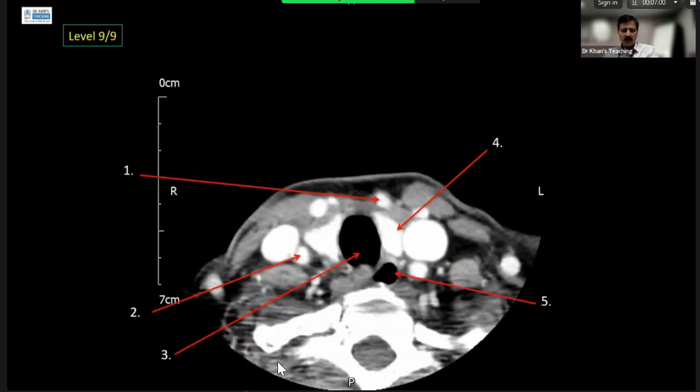So this is the final level. And where are we now? Number one, there is a vessel here, anteriorly placed vessel. It's a vein. What is this? Yes, anterior jugular. Okay, good. What is number two? Number two is a vessel. Which carotid?